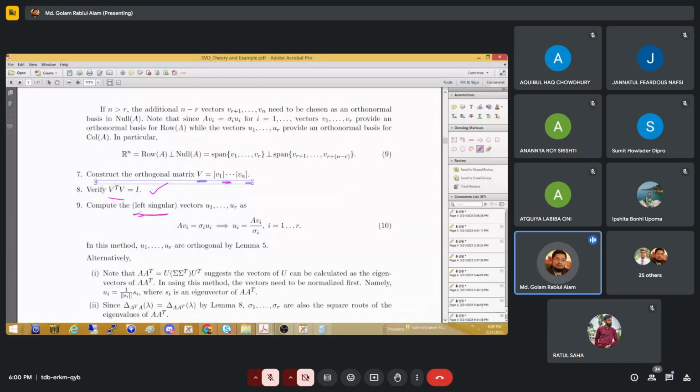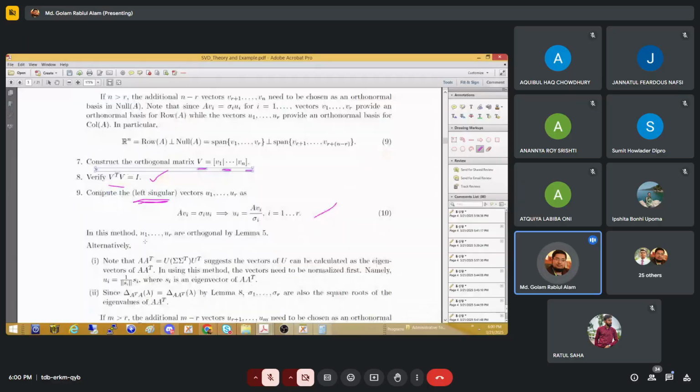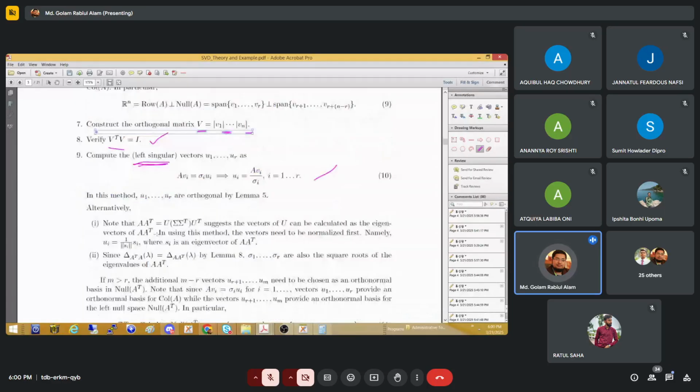Now we have to find the left singular vectors using this kind of relationship. Alternatively, this time we take A times A transpose.